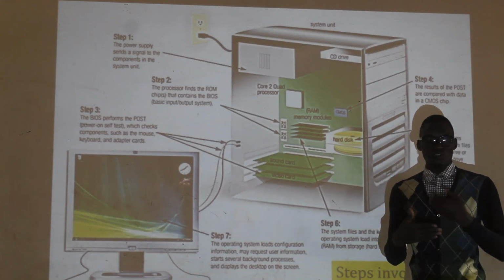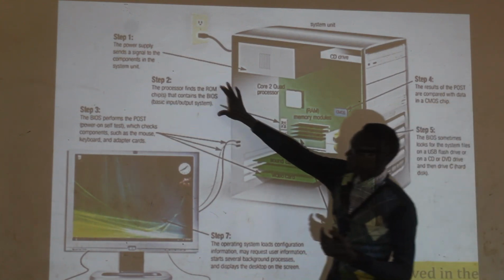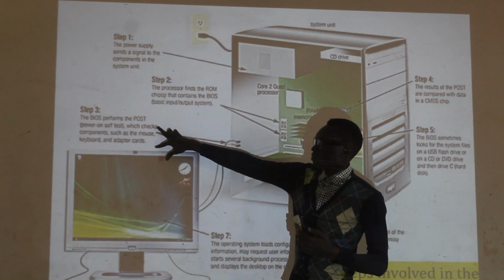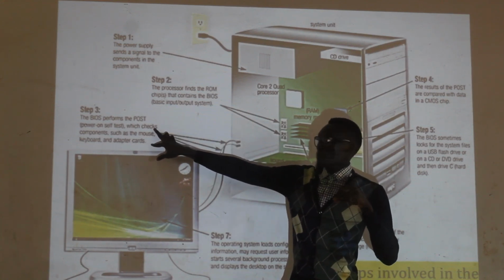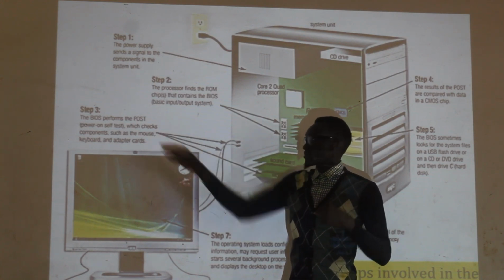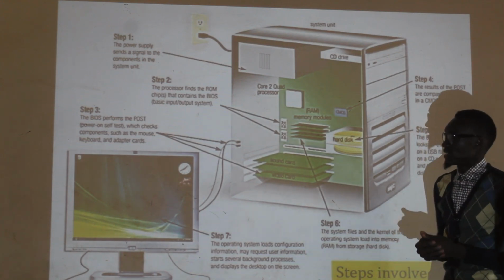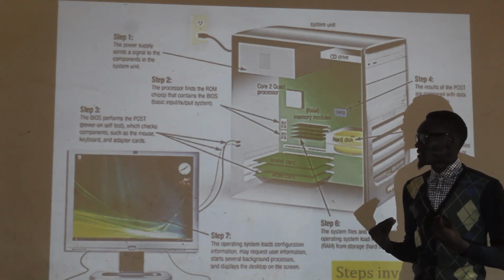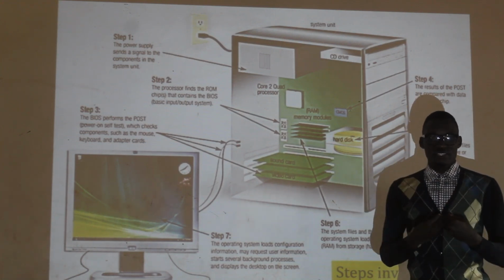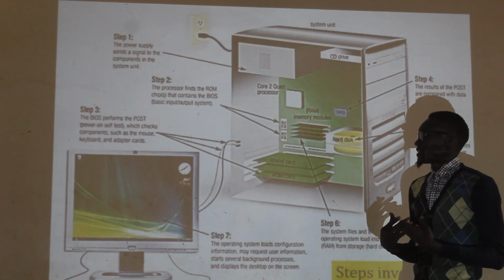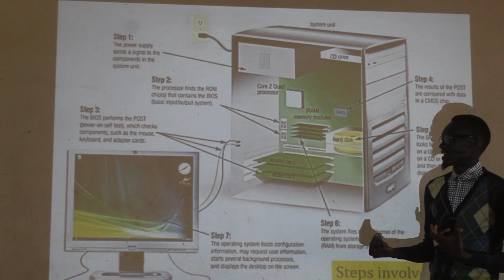After finding it, the BIOS will be prompted to perform a check called a power on self test, or POST. This check is done majorly on components of the systems unit and components connected to the computer, and during the process a variety of checks are done.